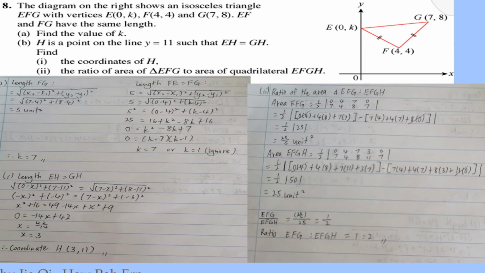EFG over EFGH equals bracket 25 over 2 bracket over 25 equals 1 over 2. And so the ratio of EFG and EFGH is 1 to 2.